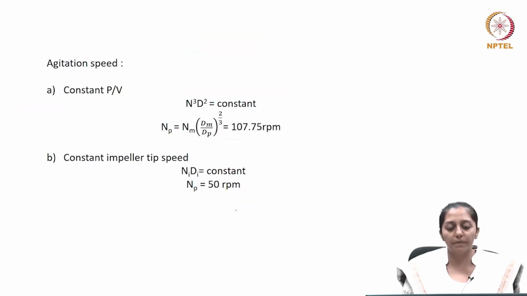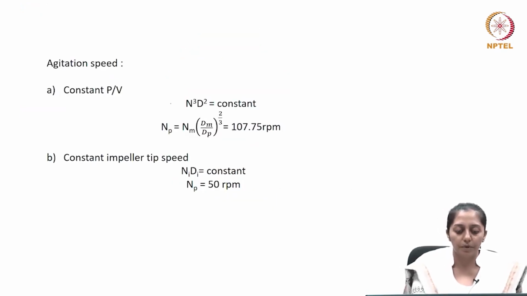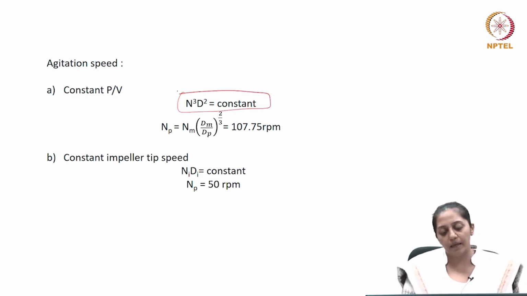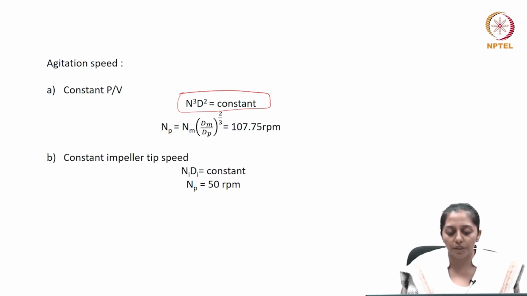For constant P by V, if you remember, the correlation between the impeller speed and the diameter of the impeller is shown here. N cube D square turns out to be constant.